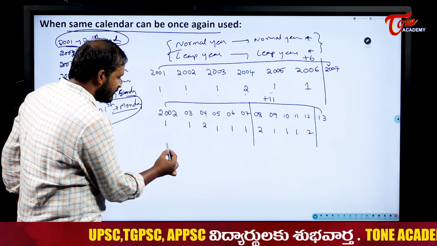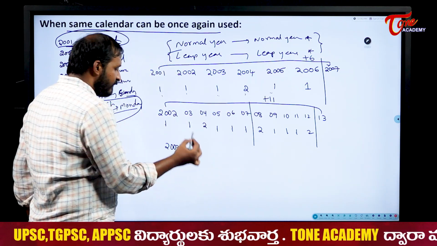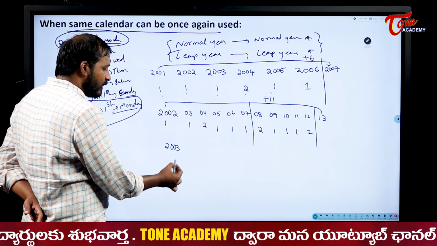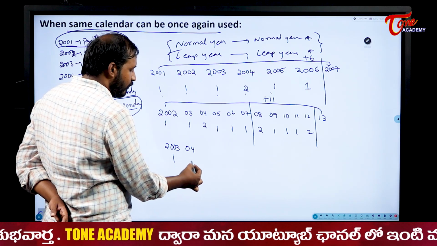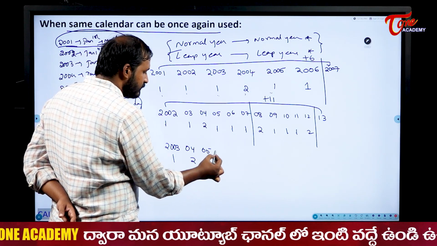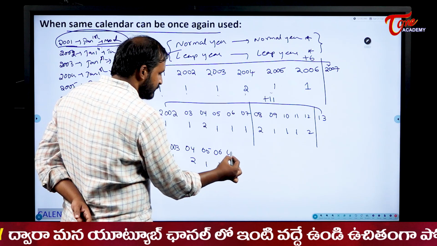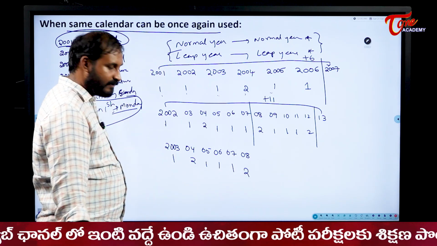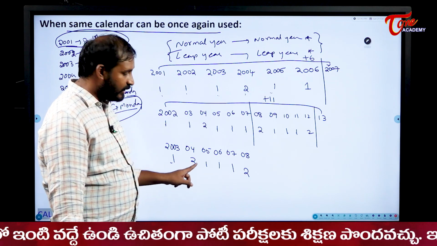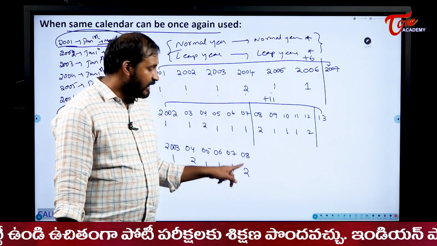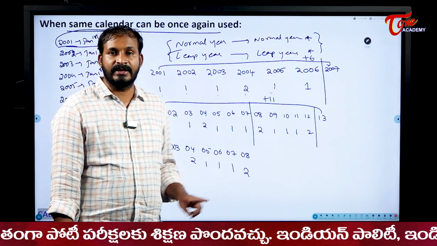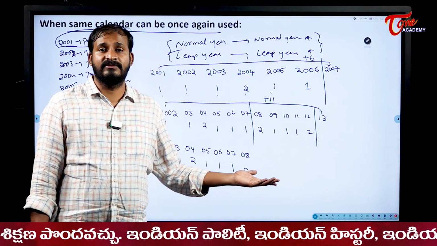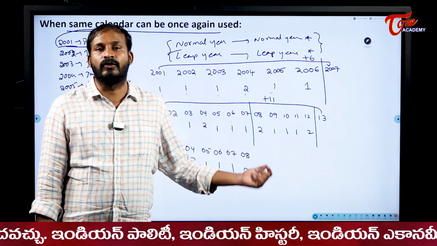Next, I will check for 2003. When can I use the calendar of 2003 once again immediately? 2003, 1 odd day; 2004, 2 odd days; 2005, 1; 2006, 1; 2007, 1; 2008, 2. Now please see here, students, what is happening? 1, 2, 3, 4, 5, 6 and 8. I am not getting 7 here, directly jumping to 8. So I need to wait till the next multiple of 7. What is the next multiple of 7? 14.